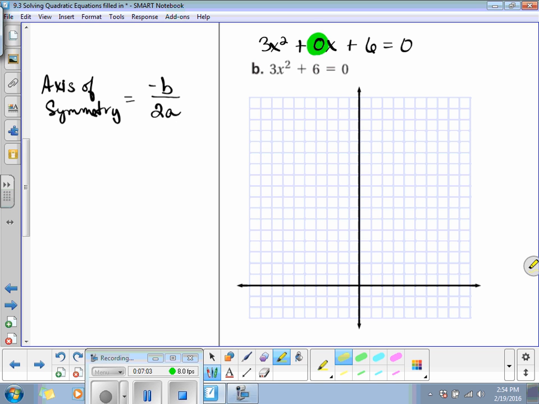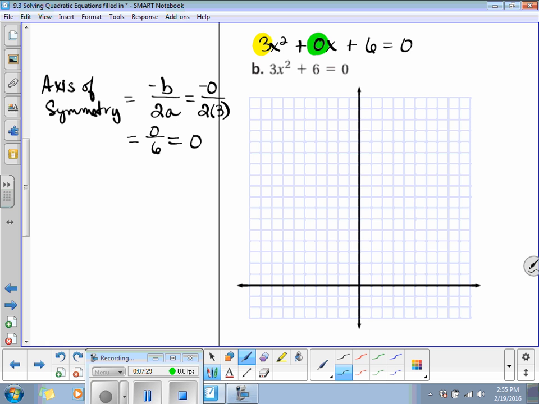And our a is 3. So when we put that into our equation, we're going to have a -0, which is just 0, right? Over 2 times 3, which gives us 0 over 6, which is just 0. That is our x coordinate for the vertex. Remember we talked about that yesterday?